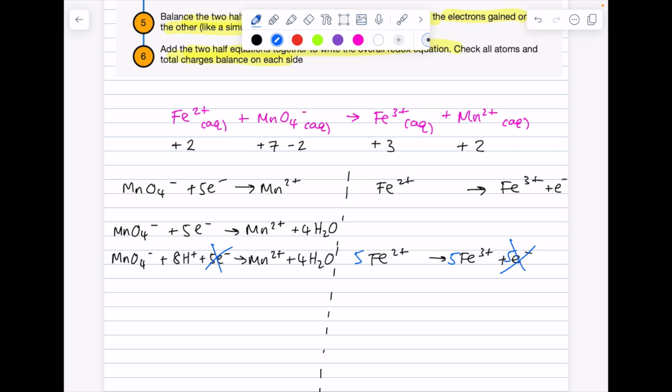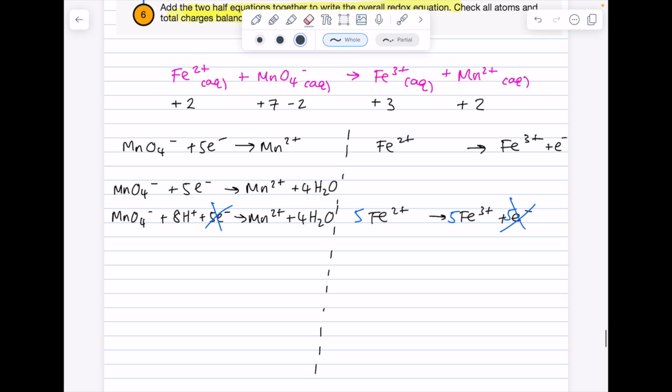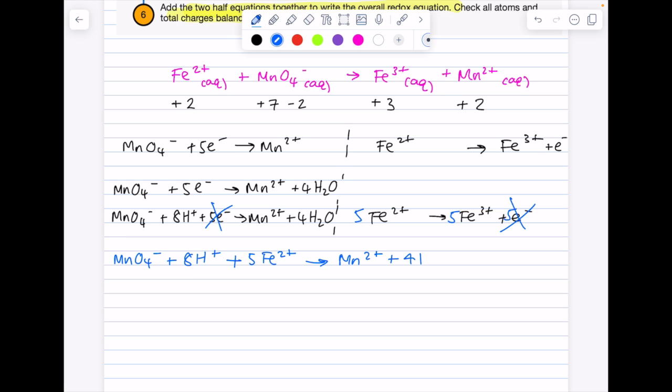And then we just combine everything to get our final equation, keeping everything on the left-hand side of the equation that was there before. Do write it out nice and carefully. You wouldn't want to introduce errors at this late stage. And then I'm just going to add my state symbols back in.